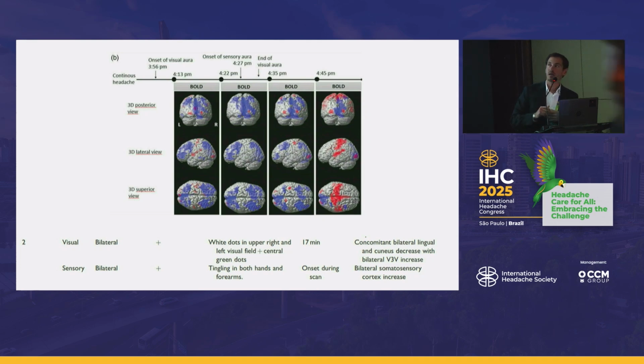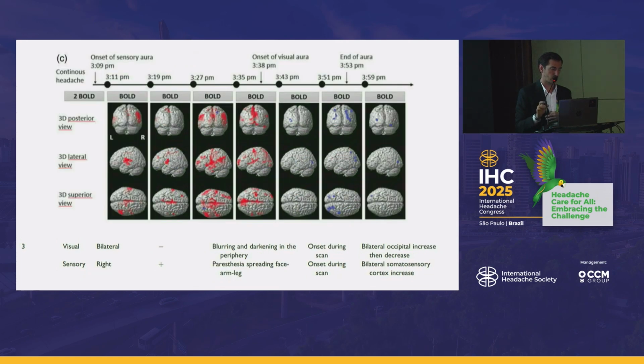And what we can see is that there is a hyperactivity in the somatosensory cortex a few minutes after he reported these symptoms. But we cannot observe a front of hyperactivity from the occipital cortex to the somatosensory cortex. This is something new appearing in the somatosensory cortex.